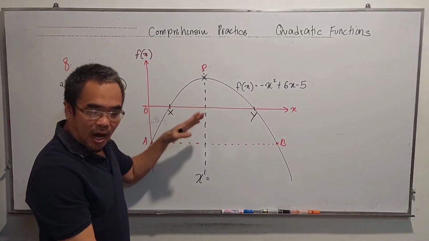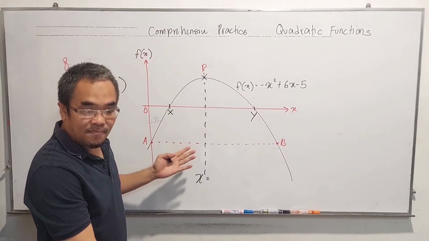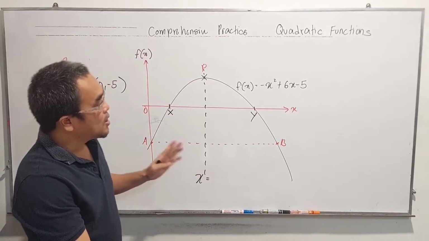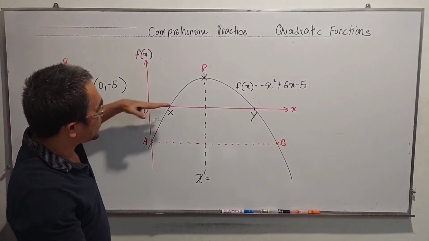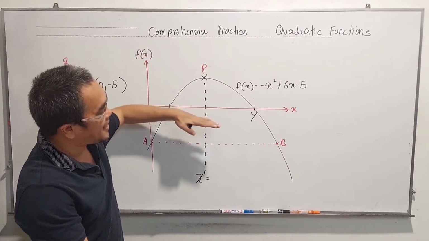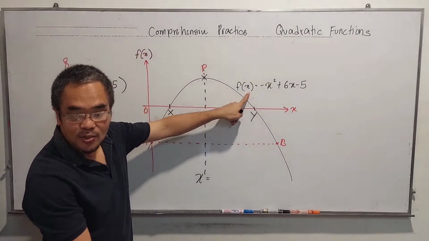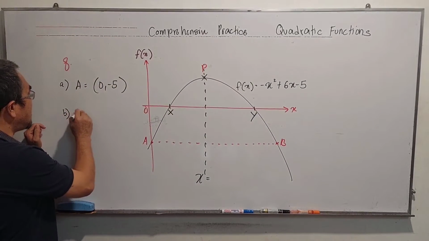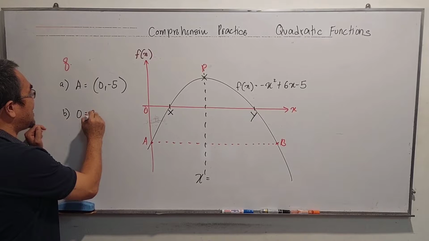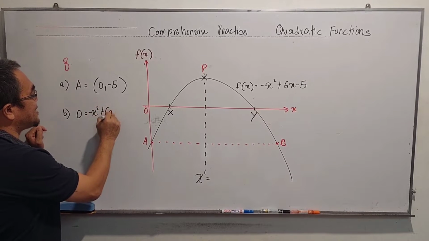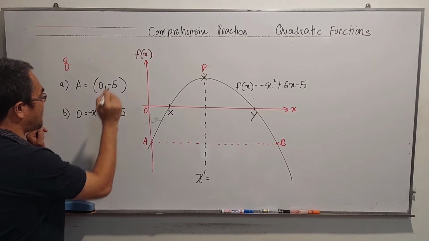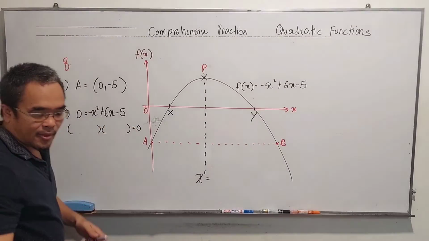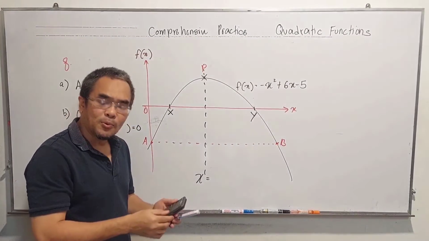The intersection of the graph with the x-axis is what we call the roots. Because of the intersection with the x-axis, the value of f(x) will be 0. So you can say here 0 equals negative x squared plus 6x minus 5. Then most probably you could factorize it.